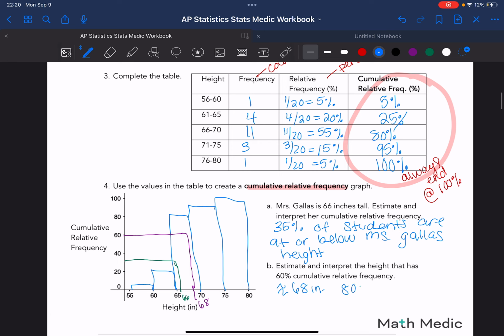So 60% of students' heights are at or below 68 inches. Students' heights are at or below 68 inches.